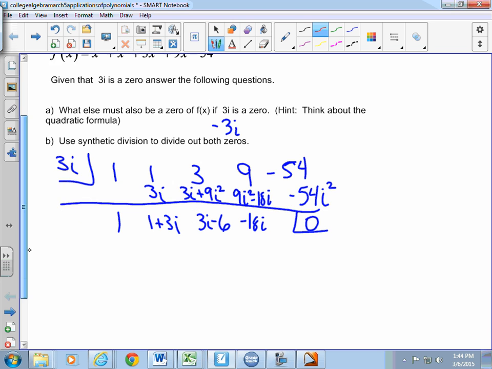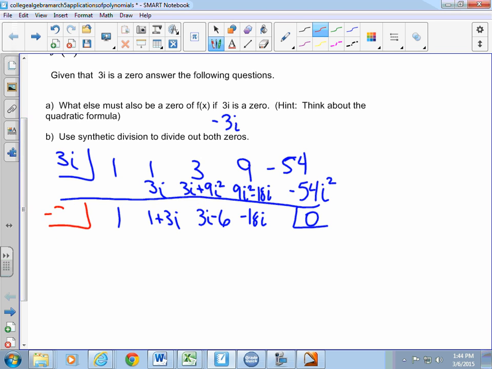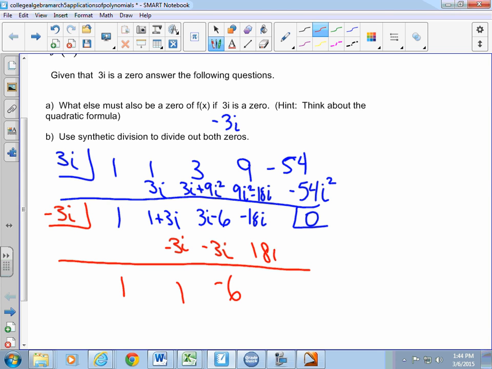So now I'm going to divide out negative 3i. Add down, multiply. This is turning out nice now, isn't it? Negative 3i's cancel and just give me a 1. Positive 3i and negative 3i cancel, and I just get negative 6. Why are you doing this again?